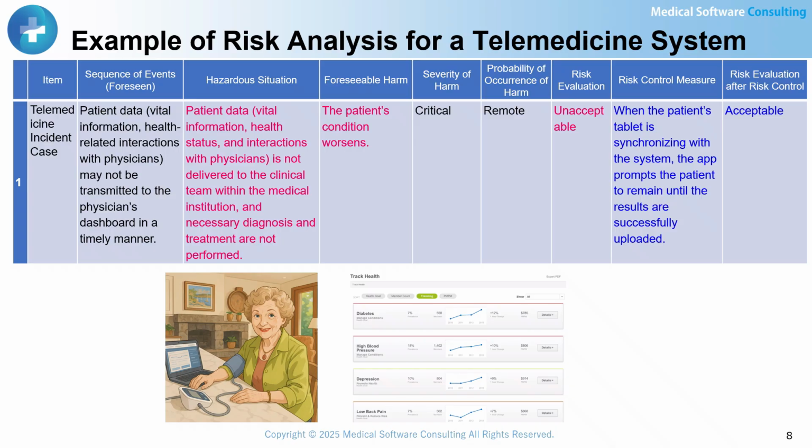This example illustrates how, in the risk analysis phase, we document all key elements in a risk analysis table: the hazard, the sequence of events, the hazardous situation, the harm, the severity, the probability, the risk evaluation, the control measures, the residual risk judgment, and the supporting evidence.